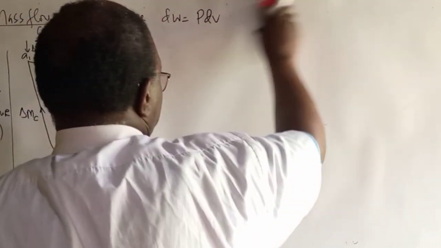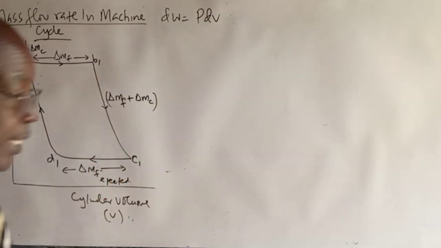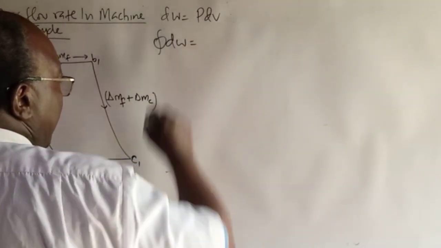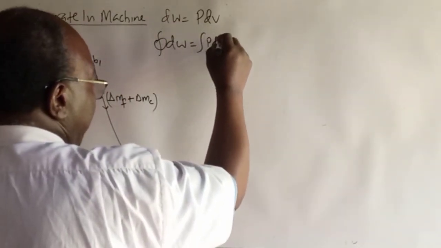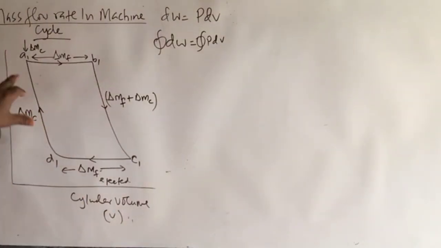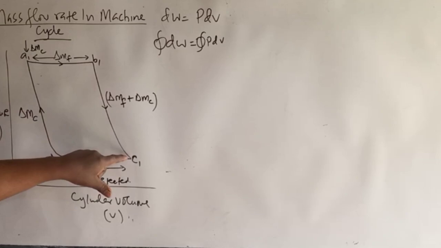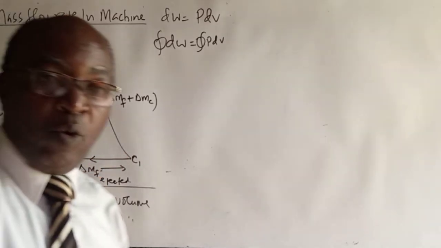Now, the total work done in this machine cycle is given by the cyclic integral of dW. This cyclic integral consists of 4 line integrals covering the processes A1 to B1, B1 to C1, C1 to D1, and D1 to A1.